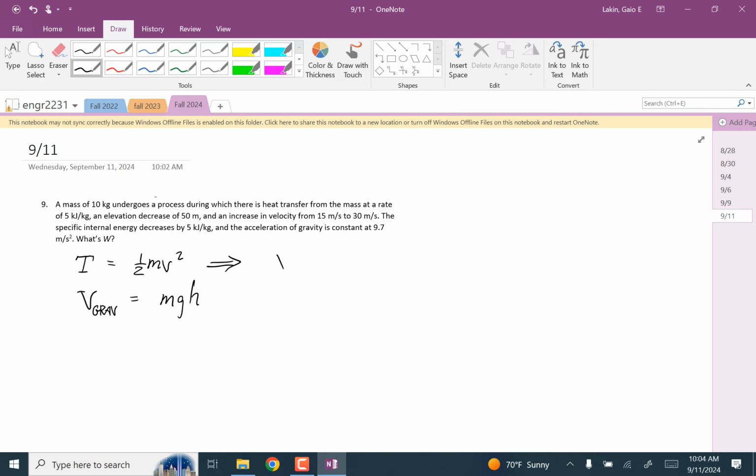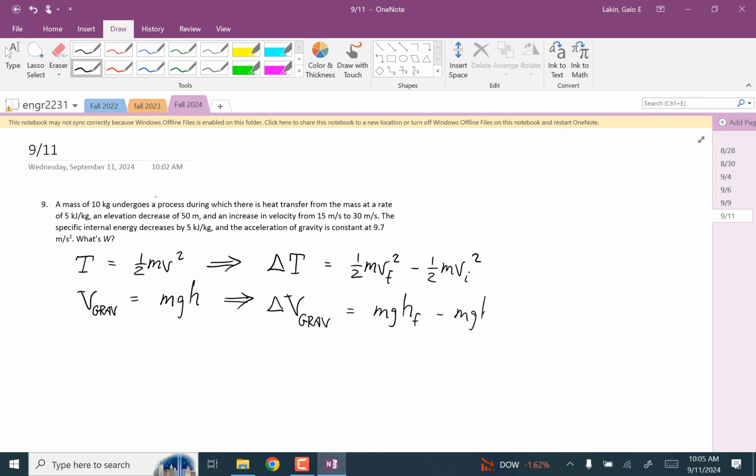And so the change in kinetic energy is 1/2 mv final squared minus 1/2 mv initial squared. And the change in gravitational potential energy is mgh final minus mgh initial.